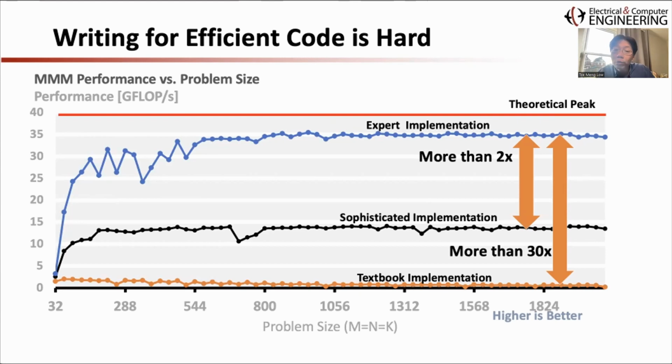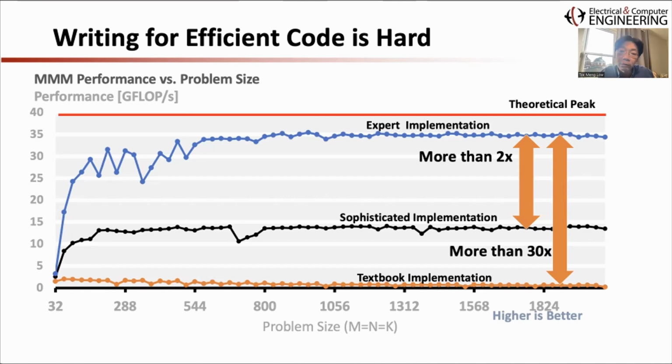But if you look at an expert implementation, and by expert, I mean things that you probably could get with many of the vendor provided libraries, you're talking about an expert implementation that can get easily 80–90% of the theoretical peak performance, as indicated by the blue line you see here, right?